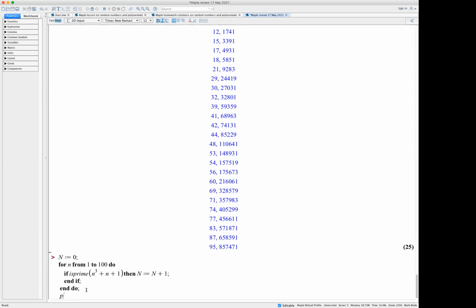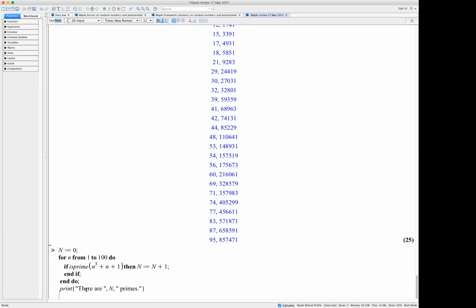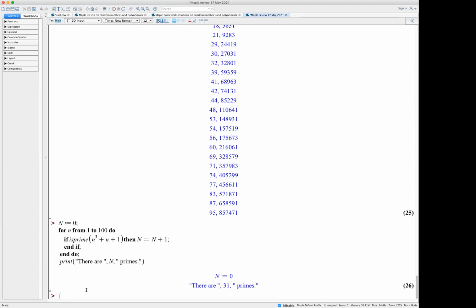And when I'm all done, let's say I print out, there are N primes. So there are 31 of them.